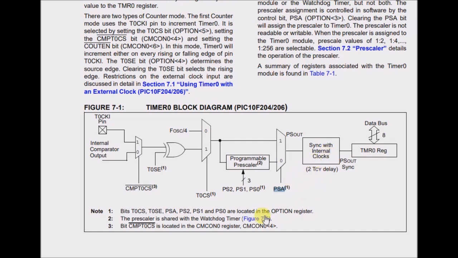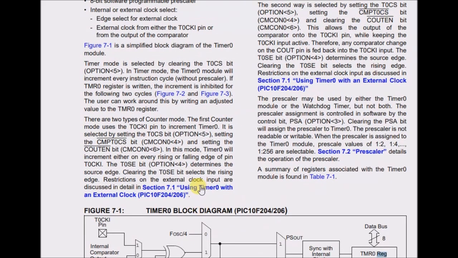Well, that was to do with the, well, whatever. I don't know. PS out, sync, Timer0 reg stuff. Okay, so I read the block diagram. Simple block diagram of the Timer0 module. Simple, yet I still don't understand it fully.